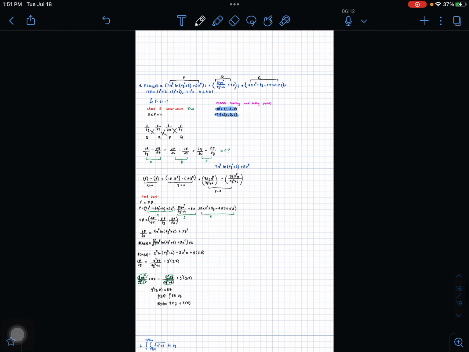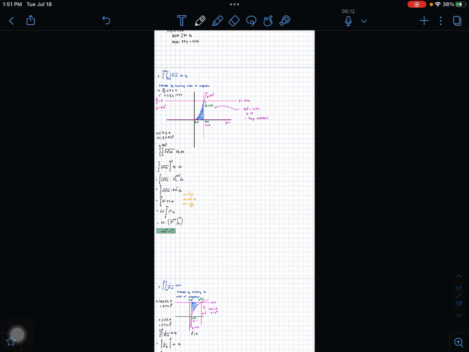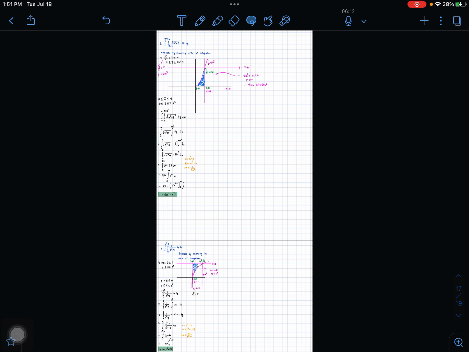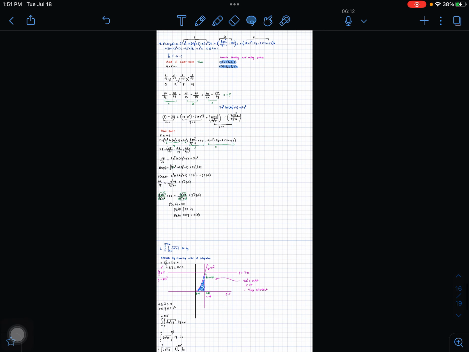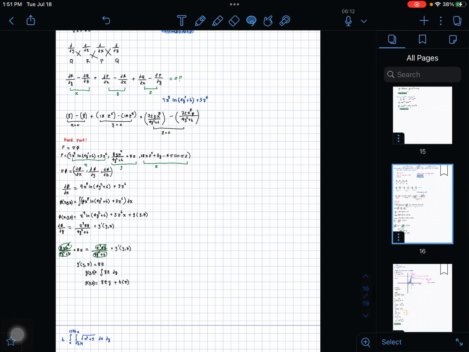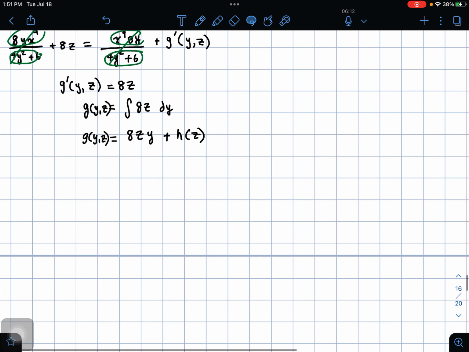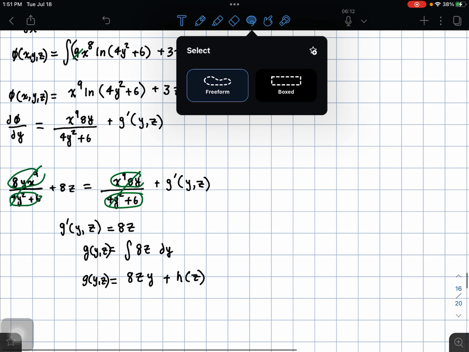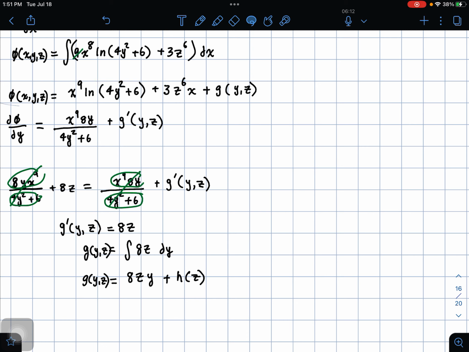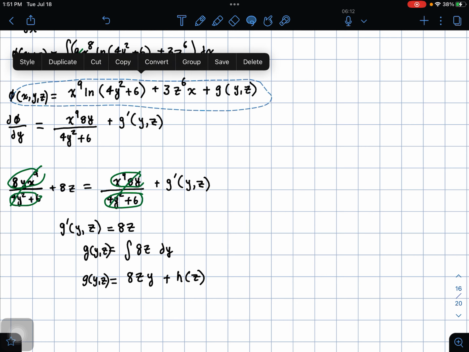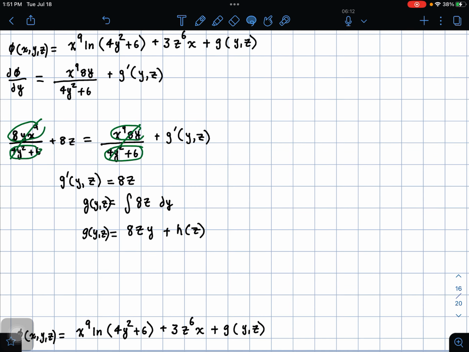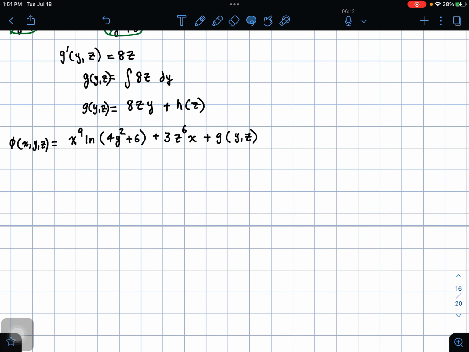Okay, I have to add a page. We have this, and we have that our g at x is this thing right here.